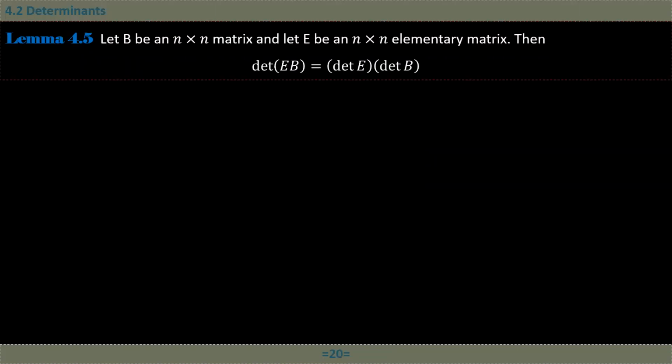Here we can also generalize this. If the determinant of EB equals the determinant of E times the determinant of B, what does it mean if I apply this rule to K elementary matrices?